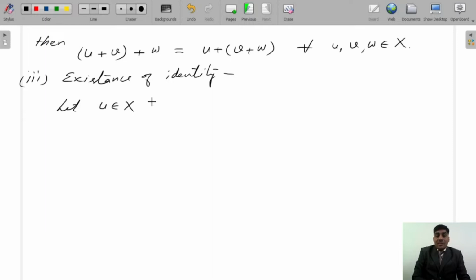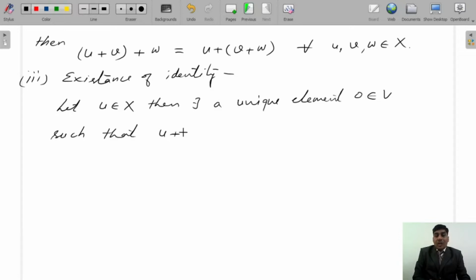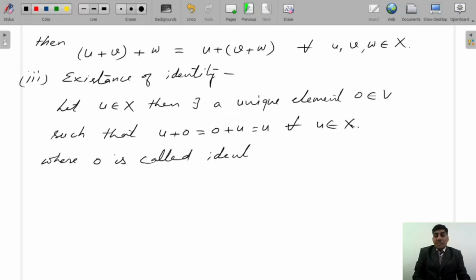Let u belong to capital X, then there exists a unique element 0 belonging to capital X such that u plus 0 is equal to 0 plus u is equal to u for every u belonging to capital X, where 0 is called the identity element of capital X.